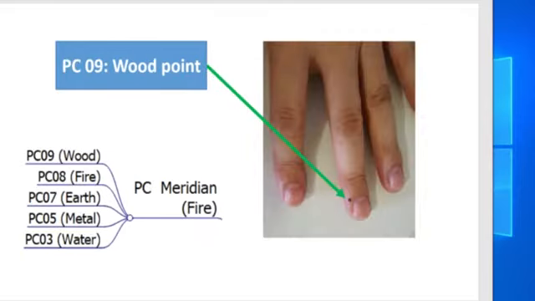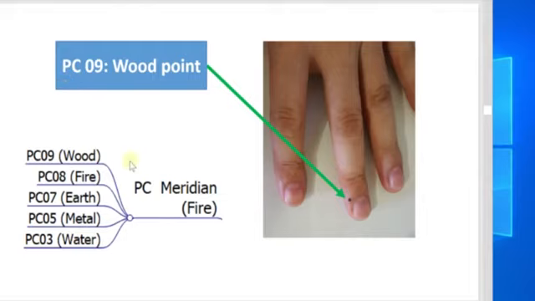Next one is PC9. PC stands for pericardium. The pericardium looks like a wrap of the heart, so the cover of the heart is the PC.